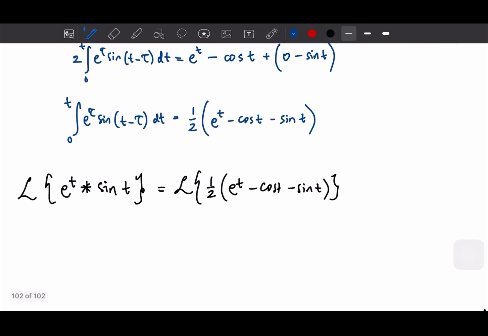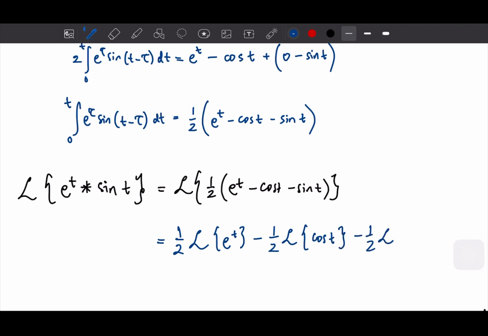Or we can take them one by one. So half the Laplace of e to the t, and then minus half the Laplace of cosine t minus the Laplace of sine t.